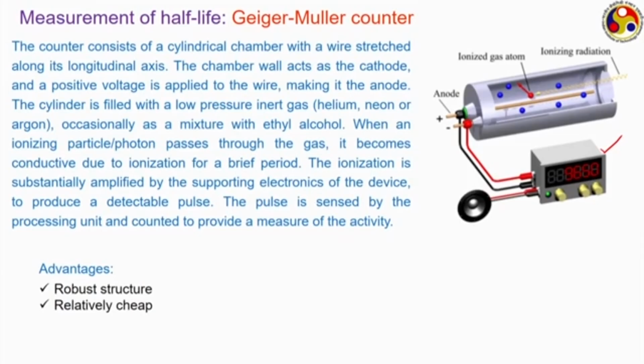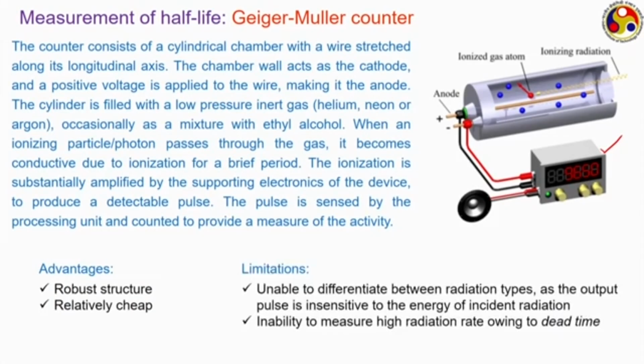Geiger-Müller counter being a very classical element, it is generally robust in structure and also relatively very cheap, but it has a few disadvantages, like it is unable to differentiate between different kinds of radiation, as the final output pulse that we get is independent of the energy of the incident radiation. So, we shall not be able to say exactly at what energy level the radiation is able to reach the counter.